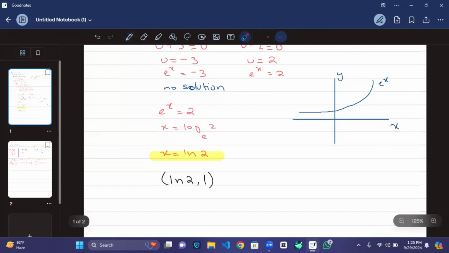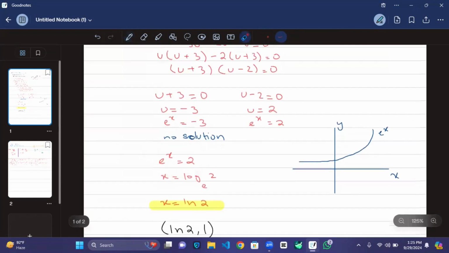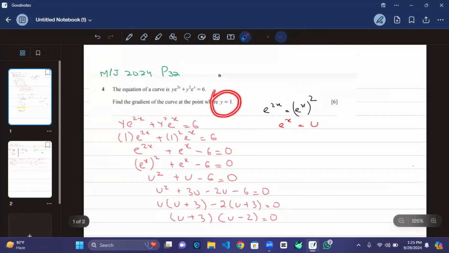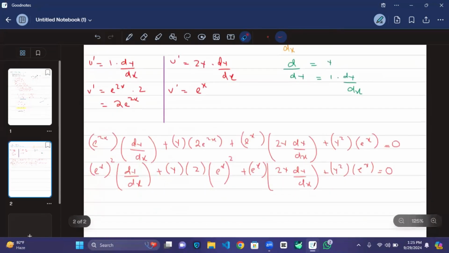So basically, over here you can see e to the power x is equal to 2 and the value of y is 1. Now let's insert these values, e to the power x is equal to 2 and y is equal to 1, directly over here.